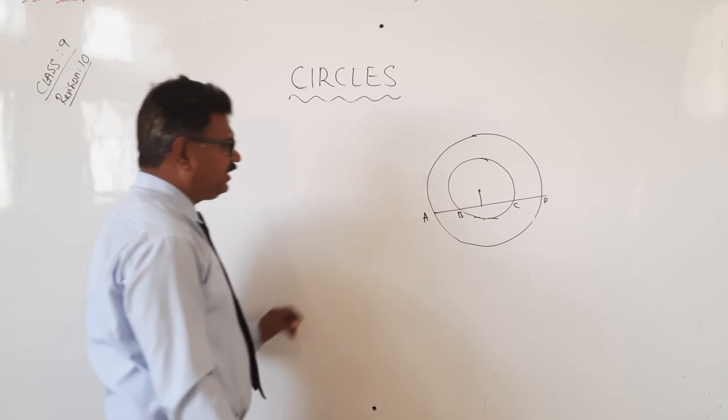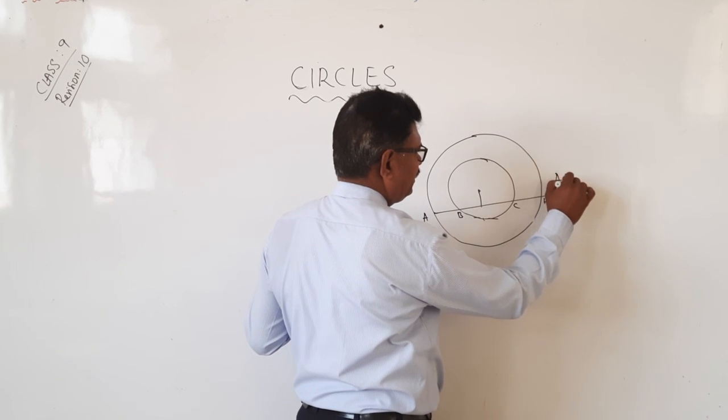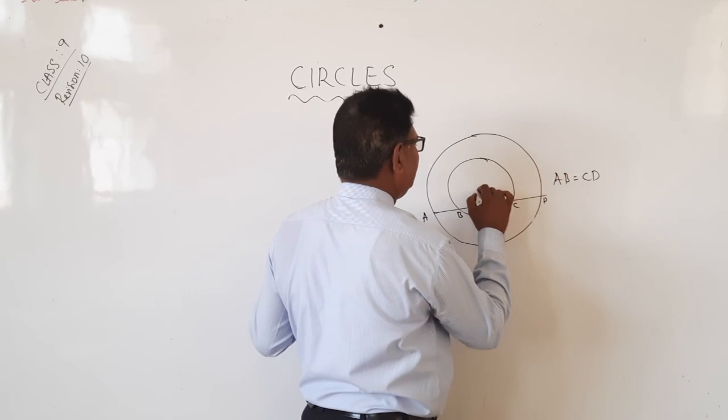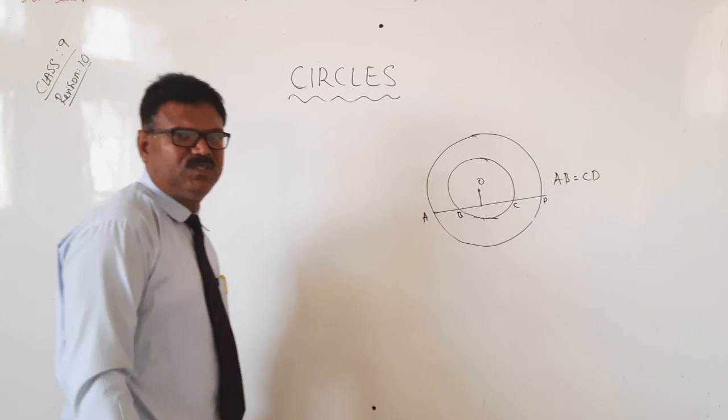So we have to prove that AB equal to CD. So very simple.